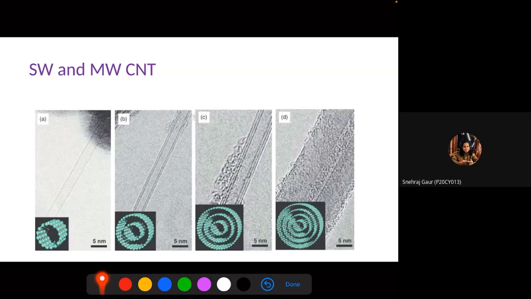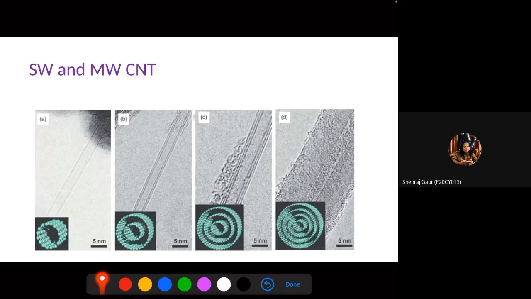These are the real electron microscope images, and this is how carbon nanotubes normally look when you look at them under a microscope. You can see the scale here, it's like 5 nanometer. So very small diameter, and for a multi-wall, it can go up to like 20 or 50 nanometer.